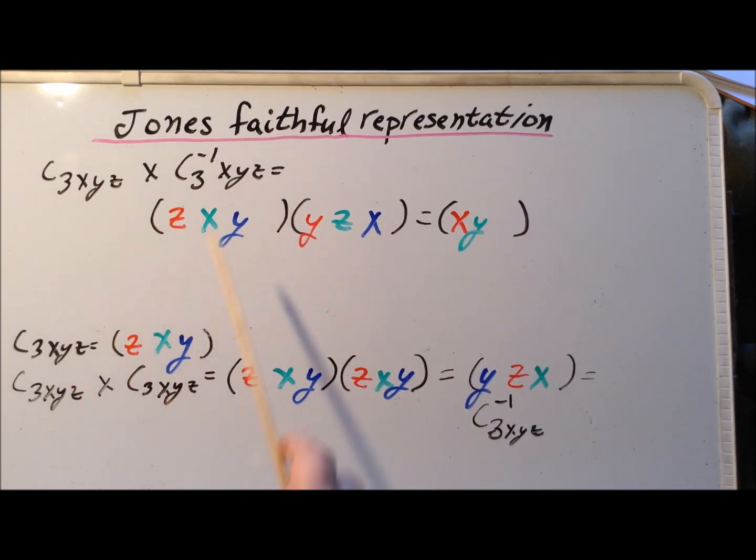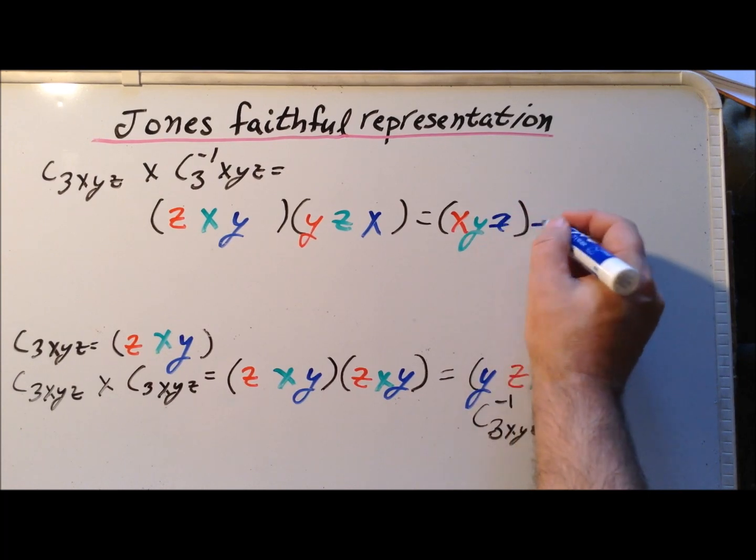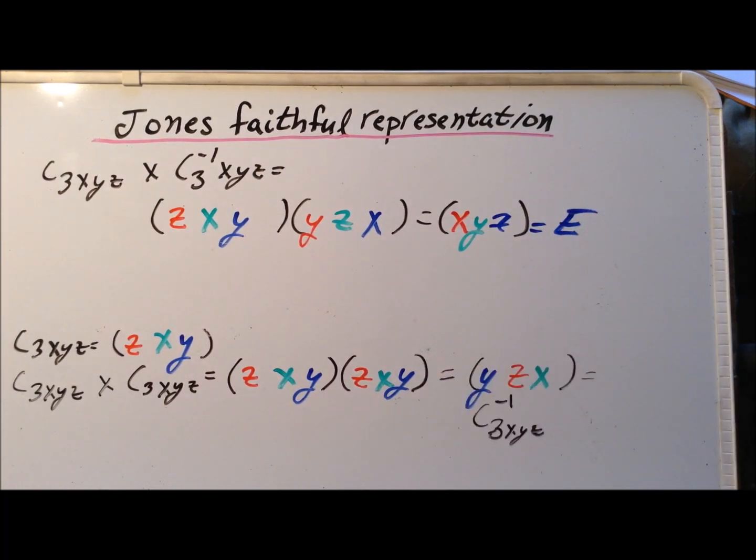And finally, this y means take whatever the second character is to the right and write it down without any change, and that is z. And this is identically the identity matrix, showing that this particular representation, yzx, is the representation for the C3xyz to the minus 1, the C3's inverse.